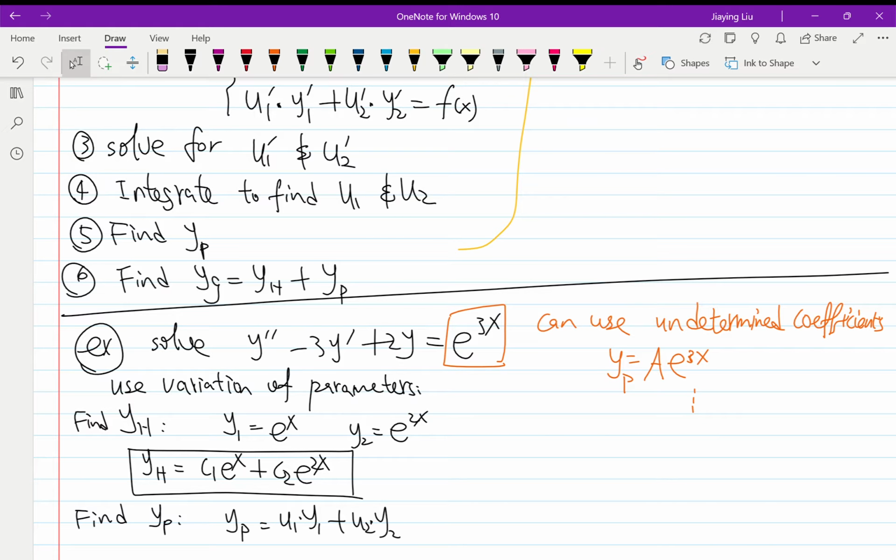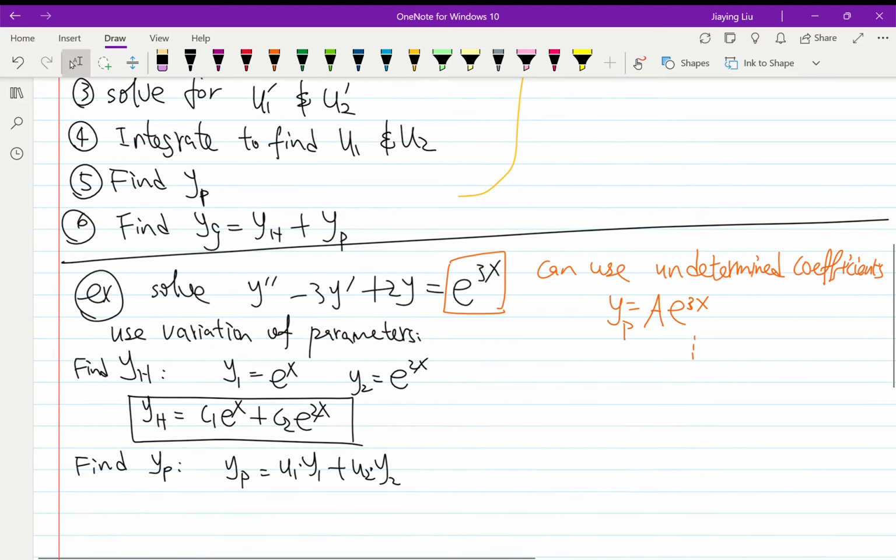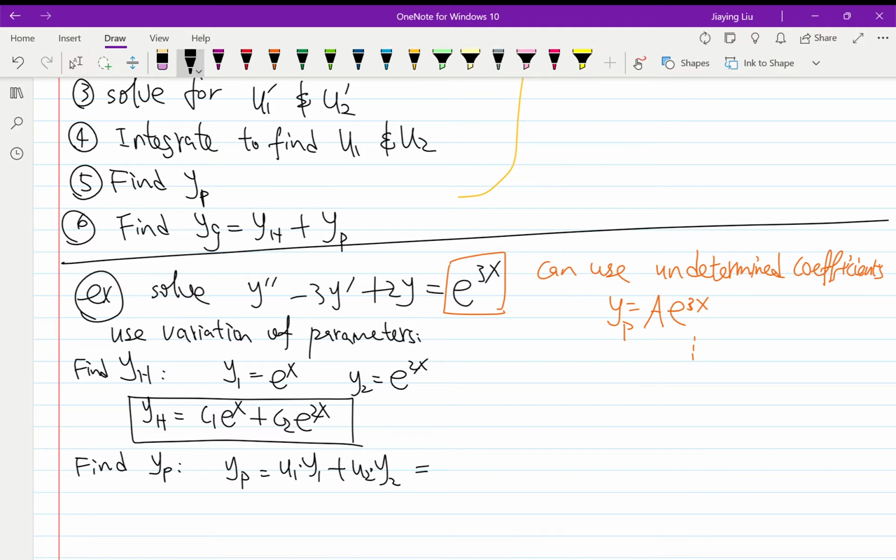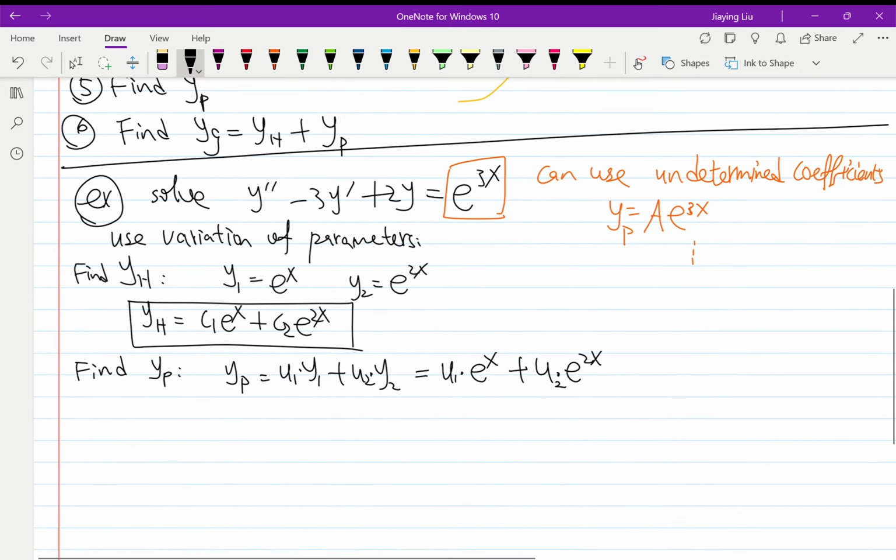You can just leave it the way it is and come back to this later, but I like to plug them in so that I know how far I go in the process. So u1 e to the x plus u2 e to the 2x. And I cannot go further because I don't have u1 and u2, so I'll come back to this step.